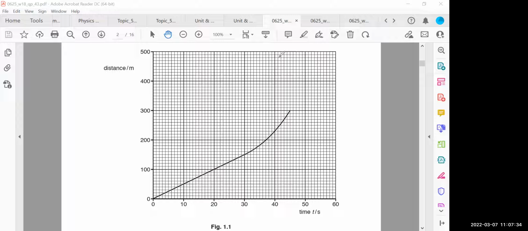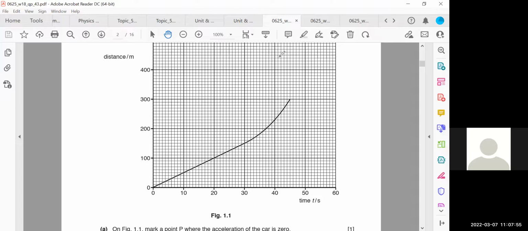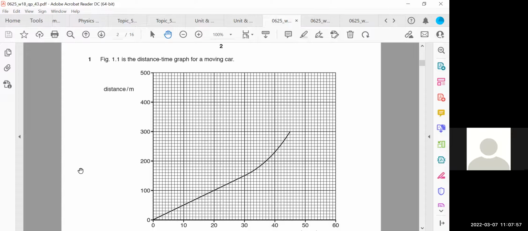Jarvis, no response from Jarvis. Anushka Bedi, yes, sir. This question number 1A.